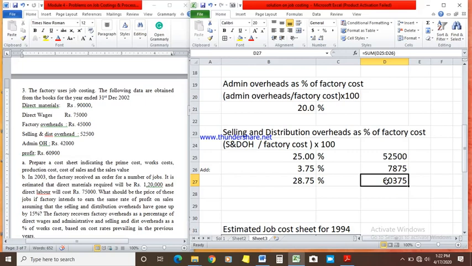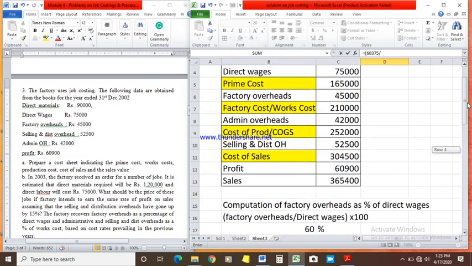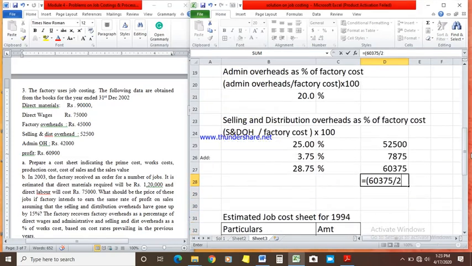If I calculate the percentage of this to the factory cost, 60,375 divided by the factory cost, that is 2,10,000, multiplied by 100.